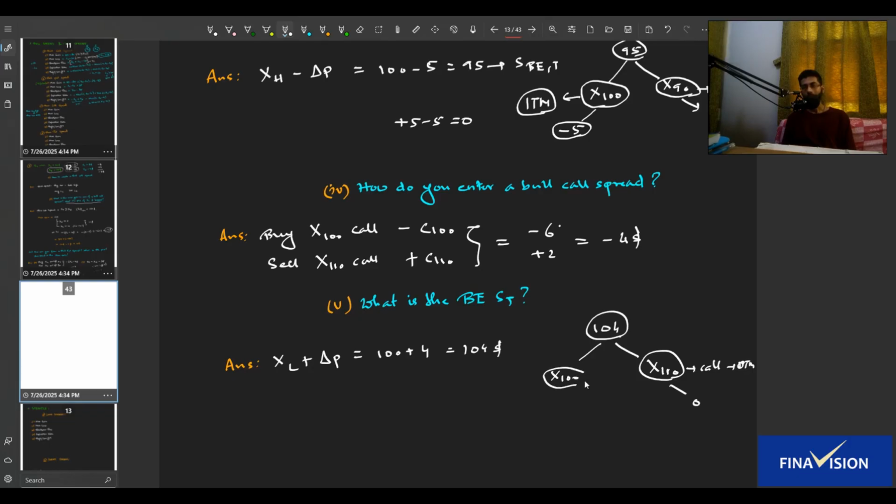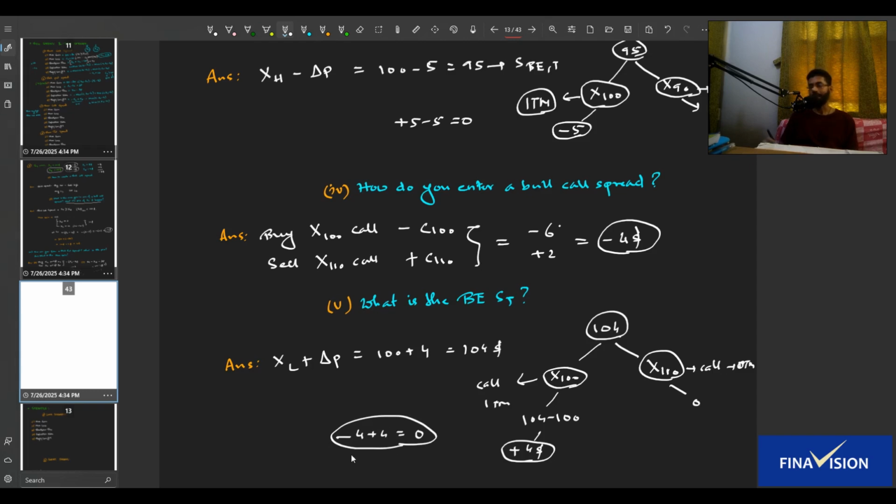But the X100 call is in the money, so you earn 104 minus 100, which is $4. So your earning here is plus $4 at expiry. At initiation, the cash outlay was minus $4. So the net cash flow is equal to minus 4 plus 4, which is equal to 0. So we have our break-even price at 104, which is the lower strike plus the difference of the premiums.